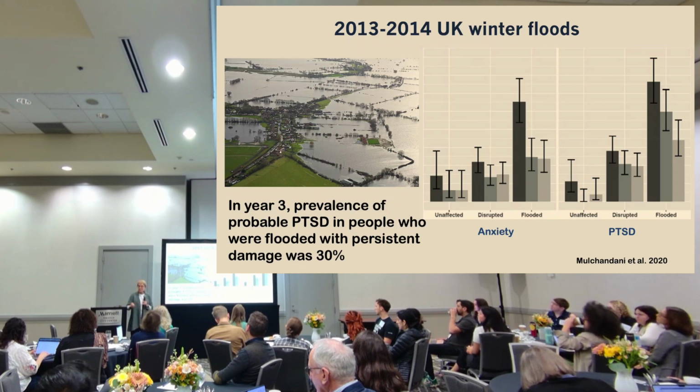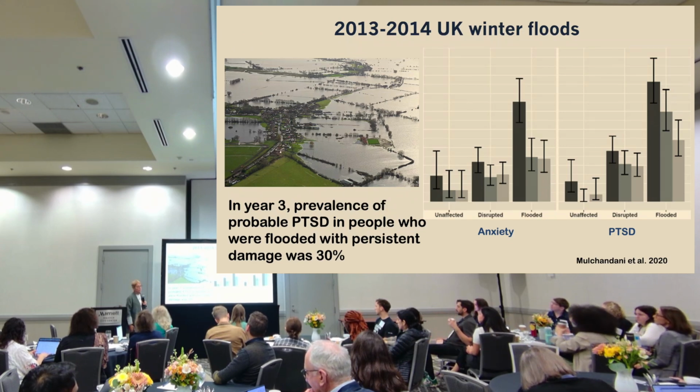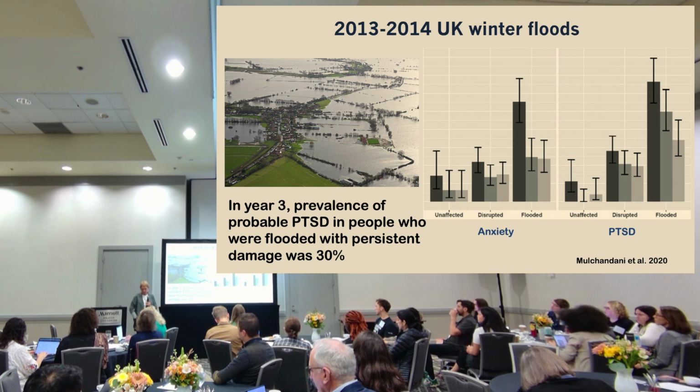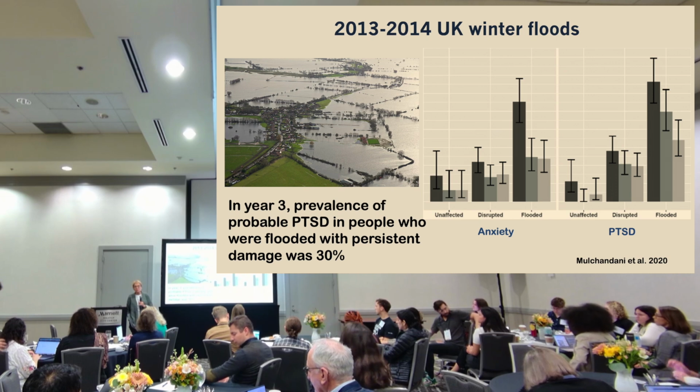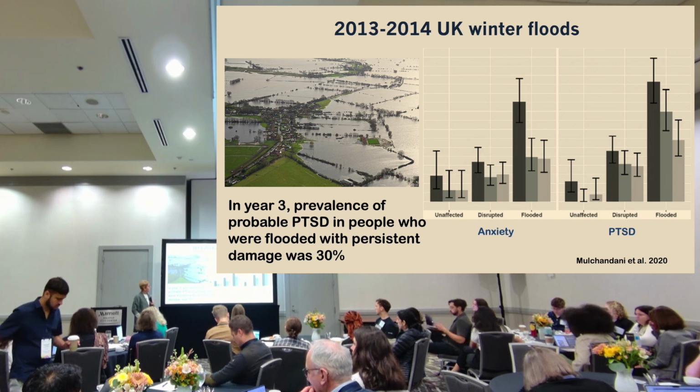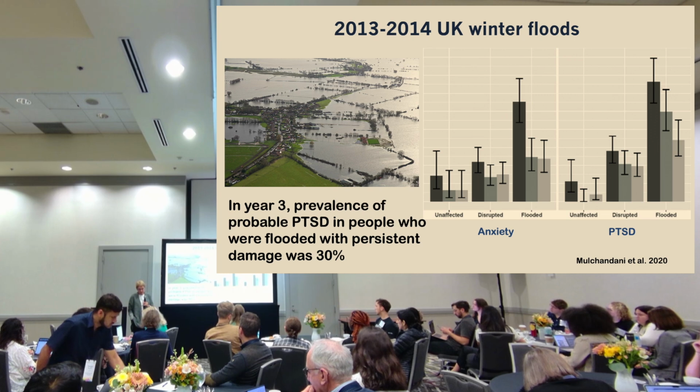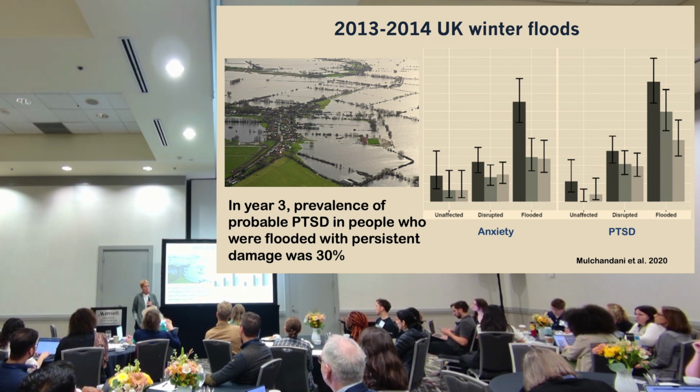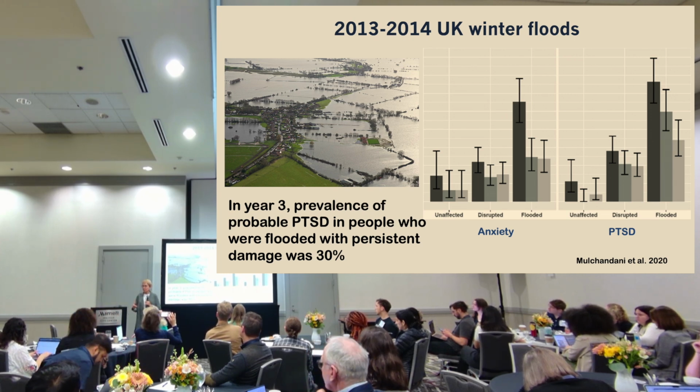There's increasing interest in mental health. This is a particularly well-done study from the UK from some massive flooding a decade ago. You can see the photograph. There's two things about this that make it particularly useful in understanding mental health.